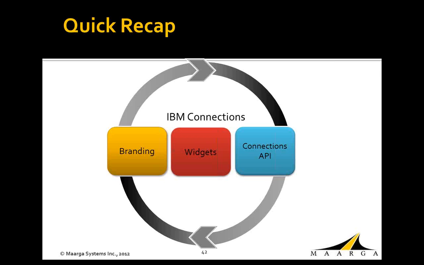So hopefully that should have given you an introduction to Connections customization and how it can be achieved, and where you can get more information. Most of it is there in the Connections wiki. It gives you good information there. If you have any questions, now is the time when we can discuss that.